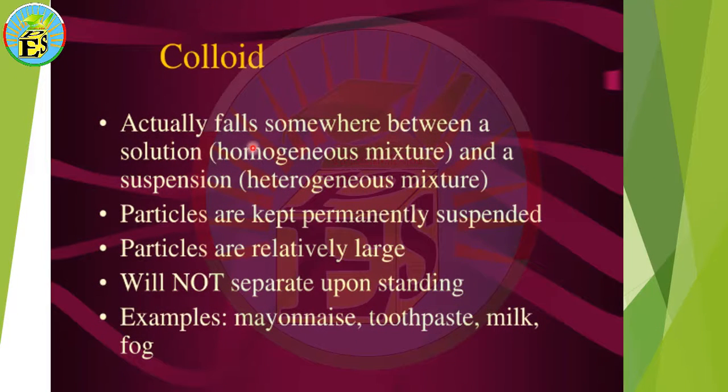A colloid falls somewhere between a solution, a homogeneous mixture, and a suspension, a heterogeneous mixture. Particles are kept permanently suspended. Particles are relatively large, but do not separate upon standing. Examples: mayonnaise, toothpaste, milk, fog.